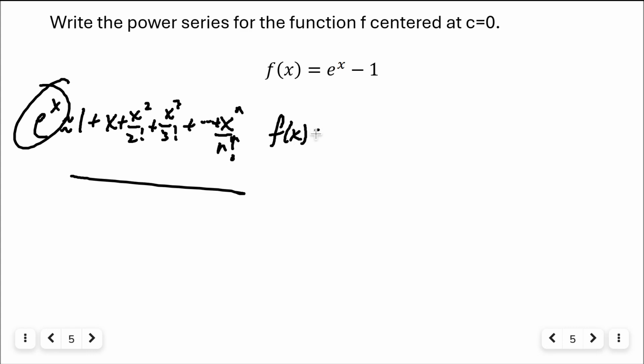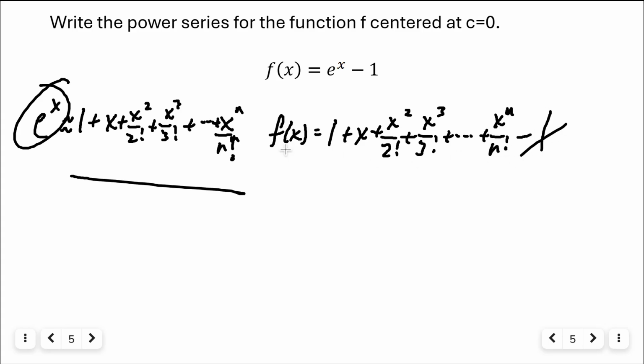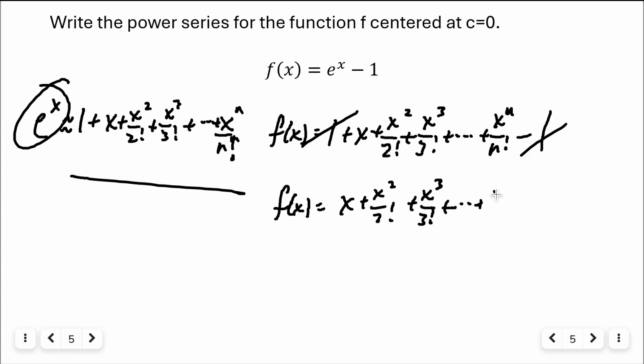So then f of x would be 1 plus x plus x squared over 2 factorial plus x cubed over 3 factorial plus x to the n over n factorial minus 1. So the minus 1's cancel. So f of x is just x plus x squared over 2 factorial plus x cubed over 3 factorial plus x to the n over n factorial.